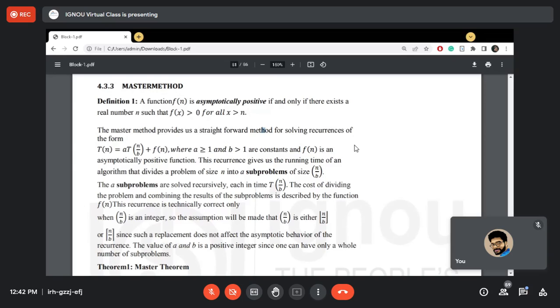That means you divide the complete problem into this size, and a sub-problems are solved recursively in time n divided by b. The cost of dividing the problem and combining the results of the sub-problems is described by the function f(n).